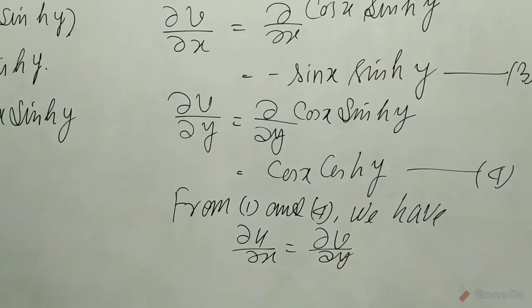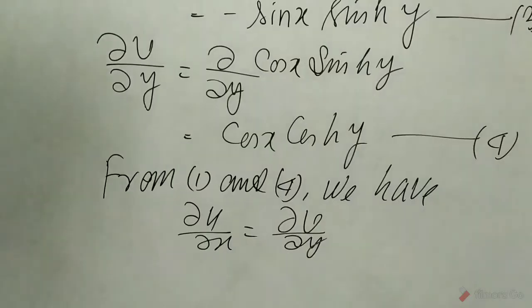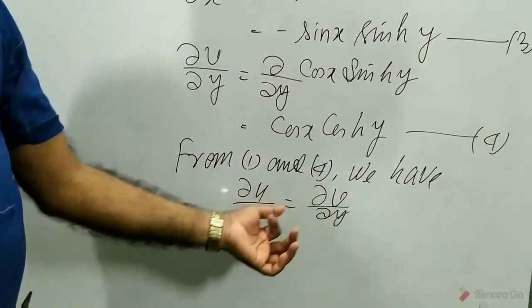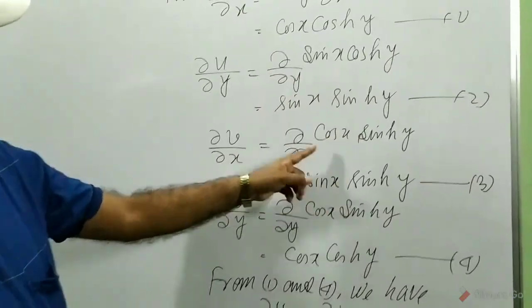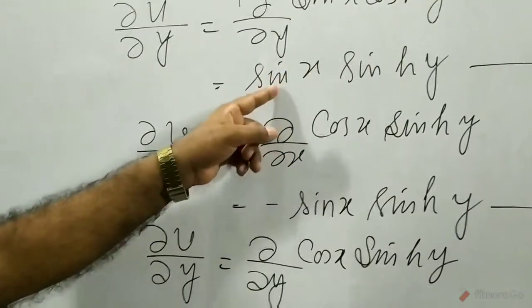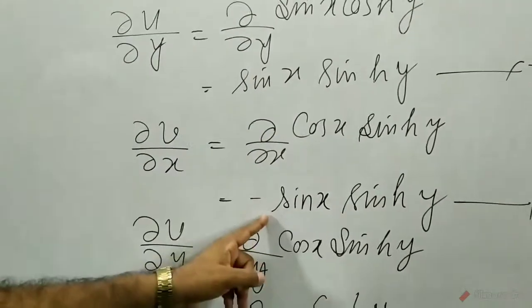Next, from 1 and 4 we get del u del x equal to del v del y. Again from 2 and 3 both the results are same: sin x sin hyperbolic y, but one is positive, one is negative.